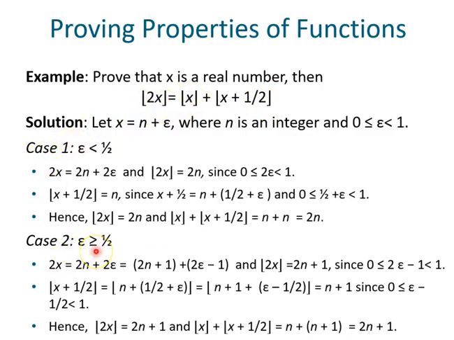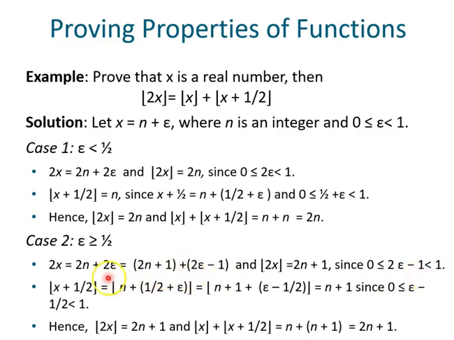In case 2, 2x is 2n plus 2 epsilon. 2 epsilon is bigger than or equal to 1 in this case. So 2 epsilon minus 1 will be between 0 and 1, strictly less than 1.